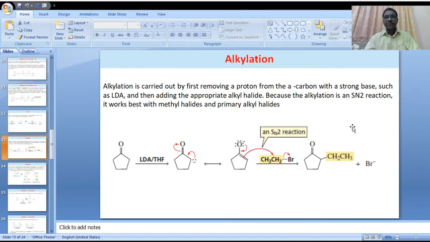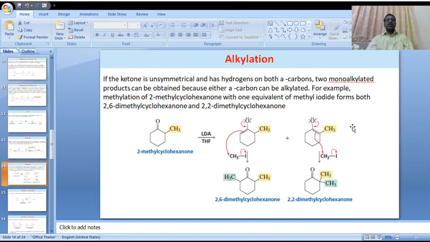Okay, is it clear? Next, alkylation. The same alkylation process in ketones, that is, unsymmetrical ketones. What happens in this reaction we'll discuss.